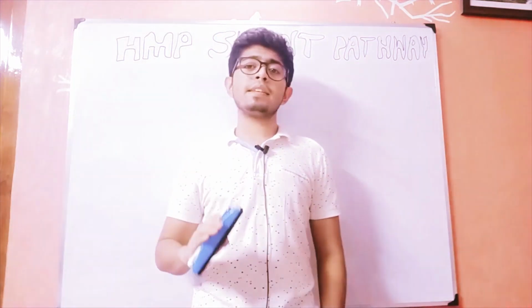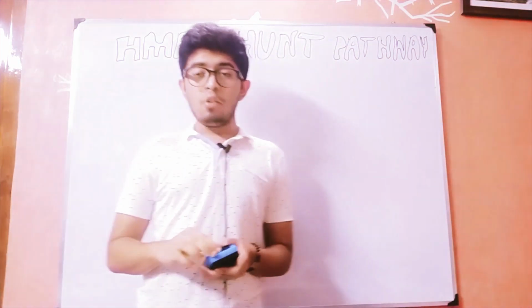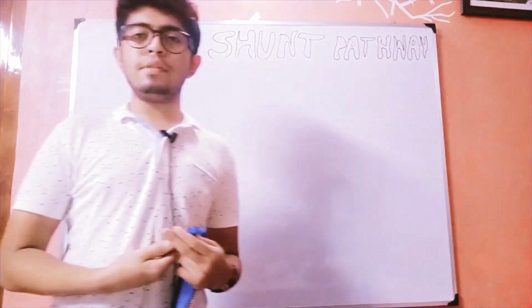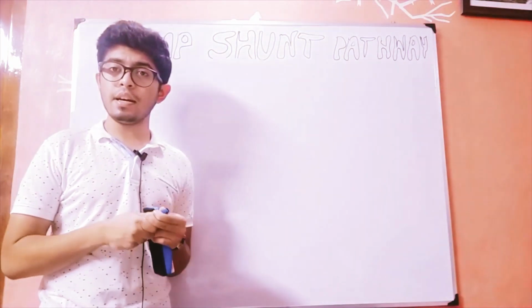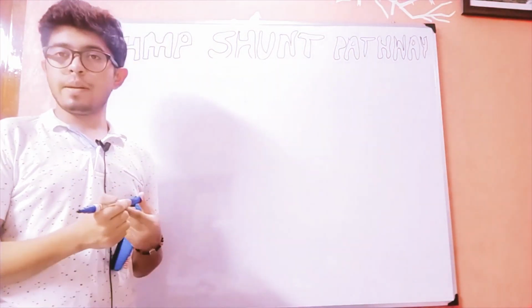Similarly, the HMP shunt pathway is totally absent in the case of muscles where there is no fat biosynthesis taking place. So now let's come to the steps of the hexose monophosphate shunt or the pentose phosphate pathway.